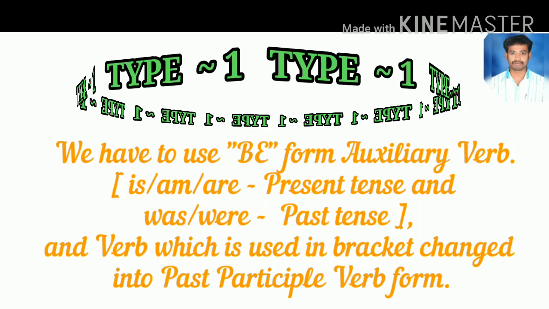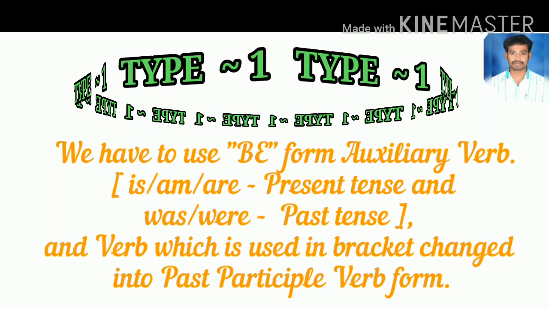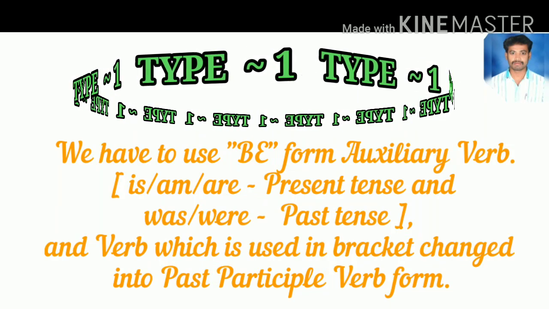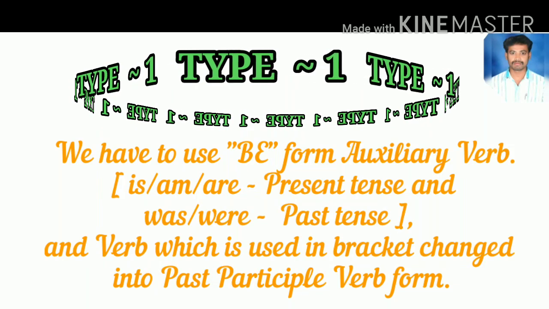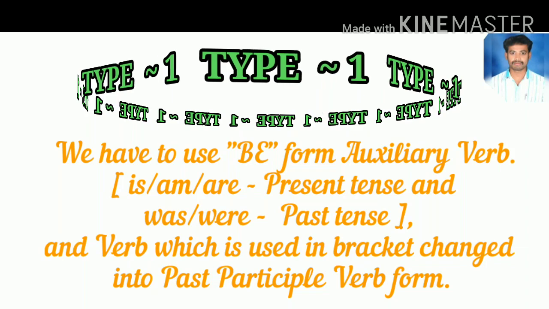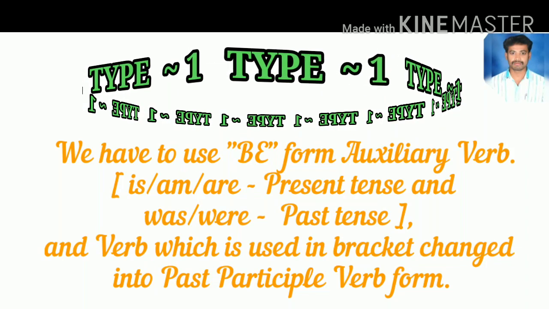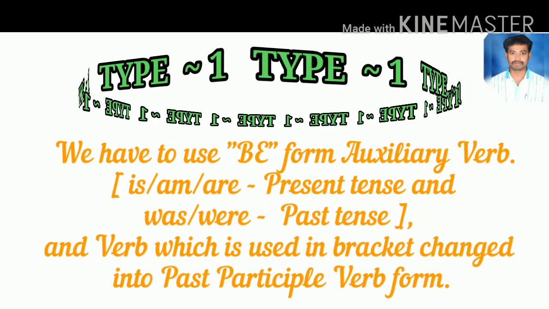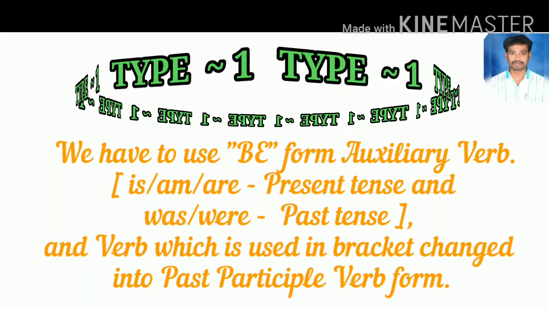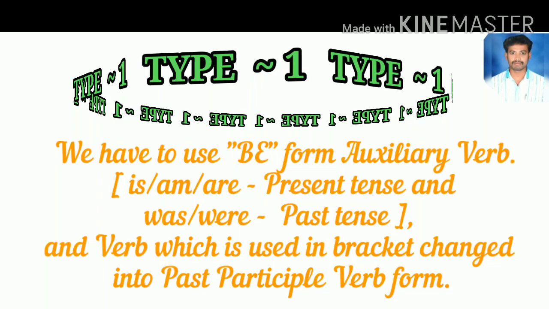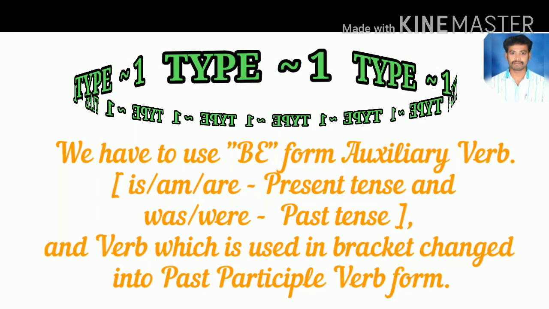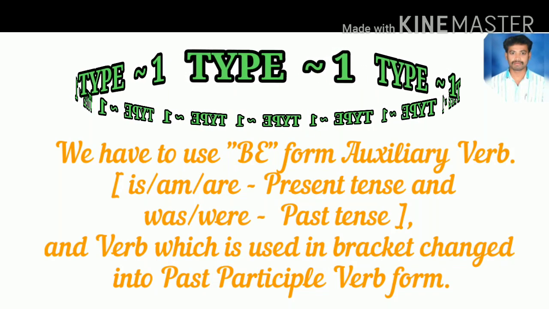We have to use a be form auxiliary verb. Be form auxiliary verb means is, am, are, was, were. If the paragraph is in the present tense, you take is, am, are: is, am for singular and are for plural. Then was, were: was for singular, were for plural.